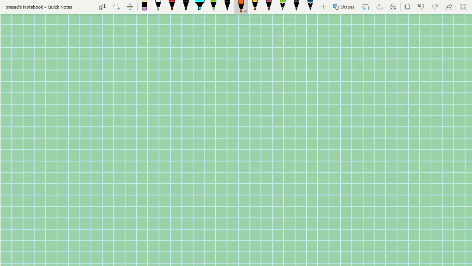Now let us see some of the problems here. Say vector A bar is 3i plus 4j and vector B bar is 4i minus 3j.